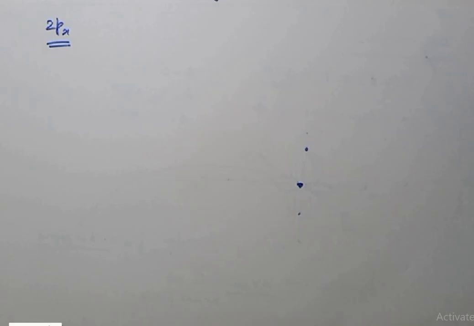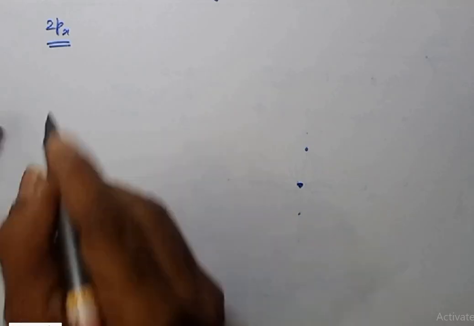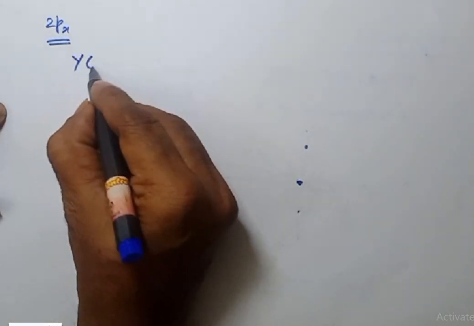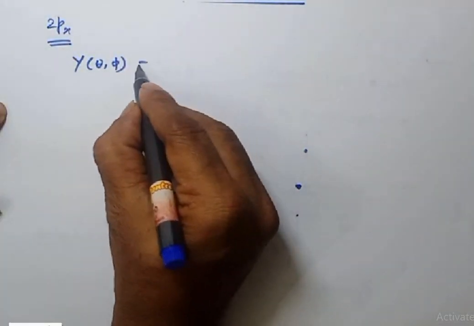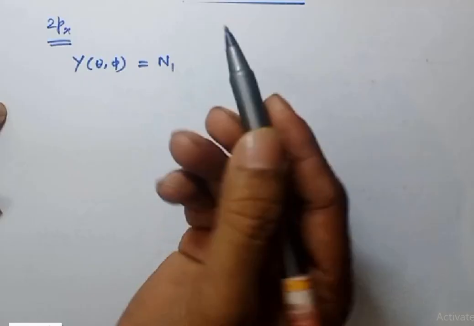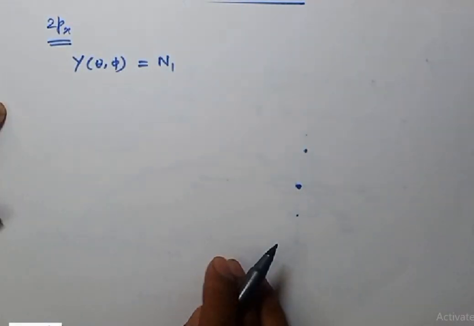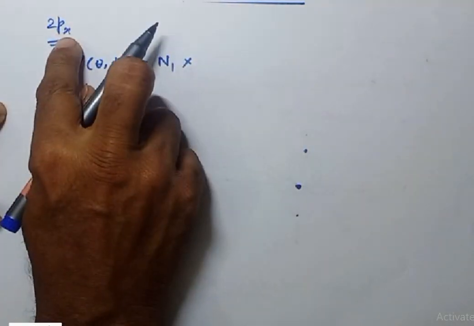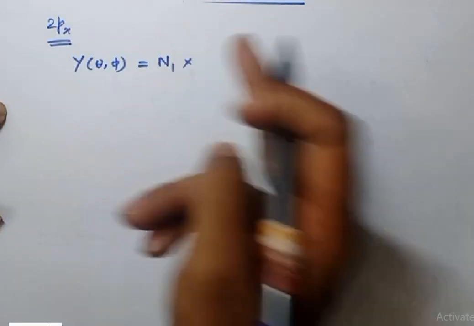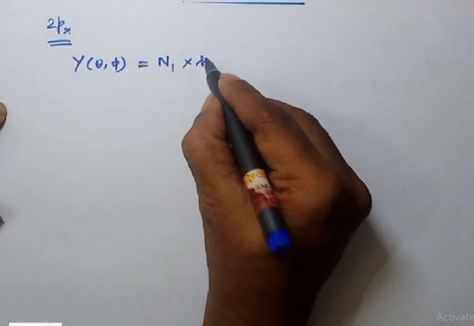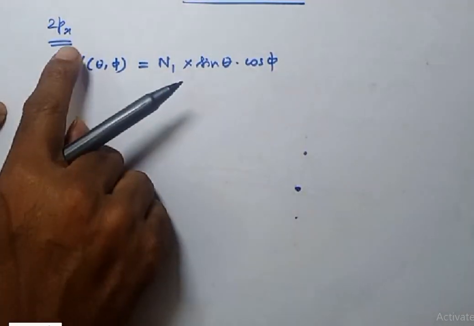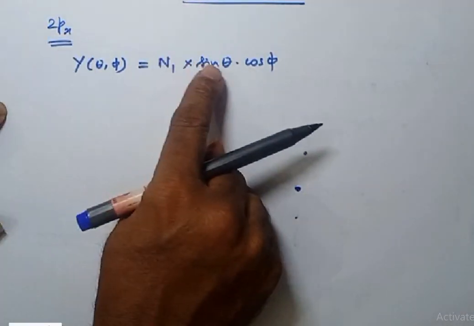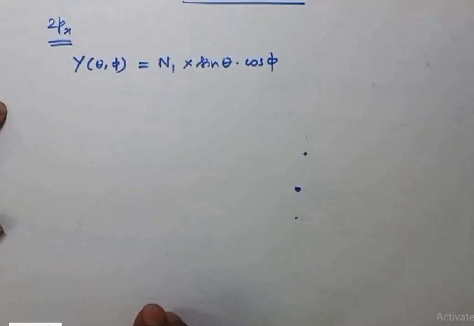It is x, therefore the angular part of the function contains a normalization constant, let me take it as n1, into, for x you will get r sin theta. Remove that r, so you just put sin theta cos phi. So px orbital depends on theta as well as phi. It depends on both.